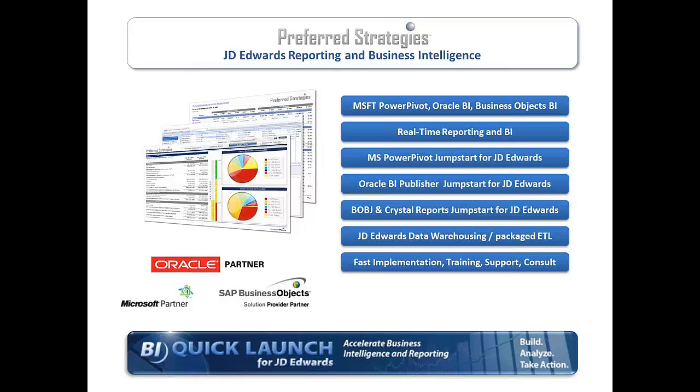Our sweet spot historically has been delivering real-time direct connect solutions right at the natural schema of JD Edwards, pulling whatever's in the transaction system. So if finance posted a journal entry and you wanted an immediate response and a trial balance of what's in the system, everything reflects exactly what's in JDE.